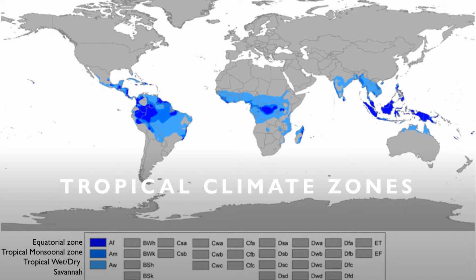Most significant here is the warm temperature, whereas humidity is variable, with equatorial climates experiencing large quantities of precipitation all year round, and tropical wet and dry and tropical monsoon climates showing seasonal shifts in rain patterns.